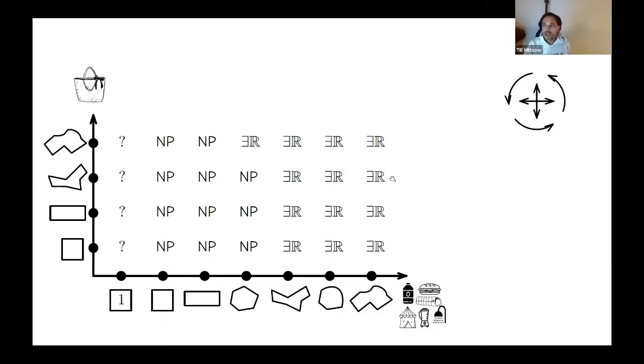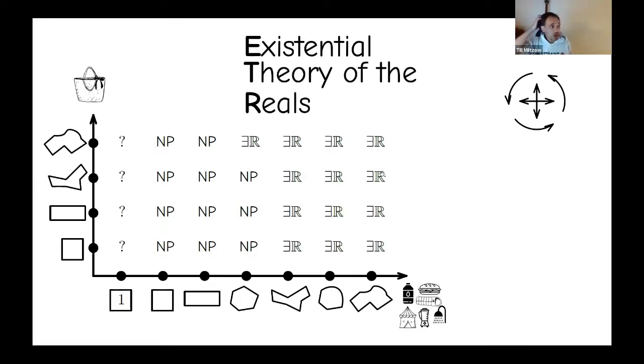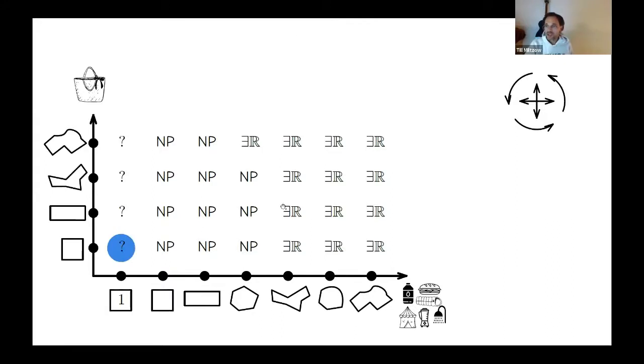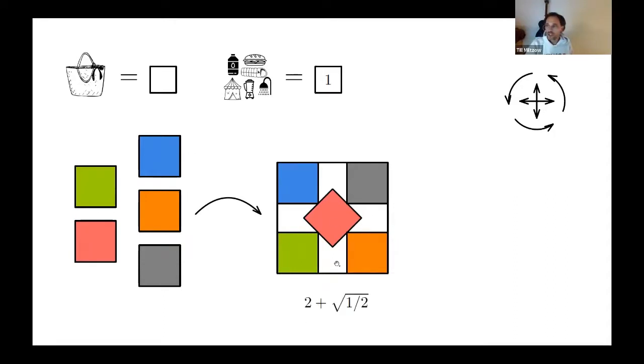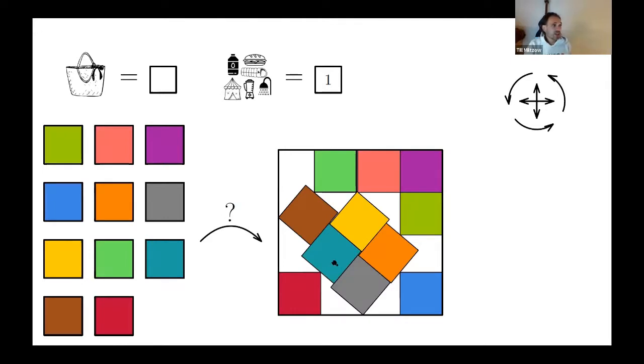Our contribution is to show that a big set of them is actually more difficult than NP-hard. They are actually complete for a complexity class called the existential theory of the reals, which I will introduce in a minute. But just reiterating that already for 5 squares, the optimal solution is irrational. And for 11 squares, we don't know the optimal solution.